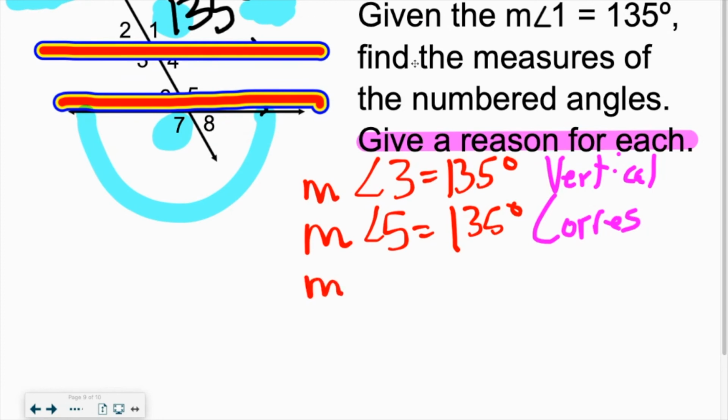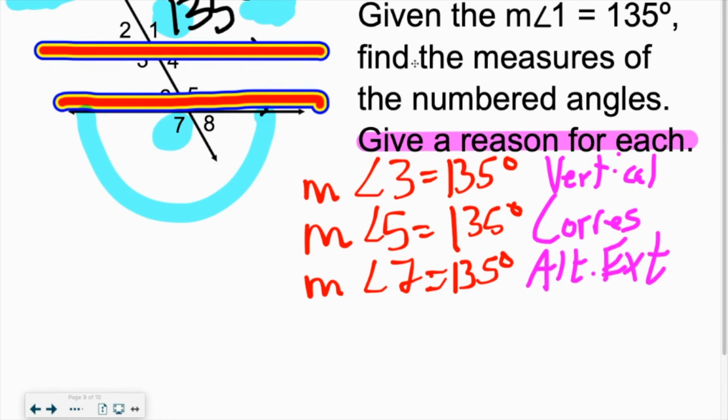Opposite sides on the outside are congruent. And our vocab for that was they are alternate exterior angles. If you have room, please write the word angle in there. Again, if you want to do a full justification, it is the alternate exterior angle to the given angle, to angle 1, to the 135 degrees.